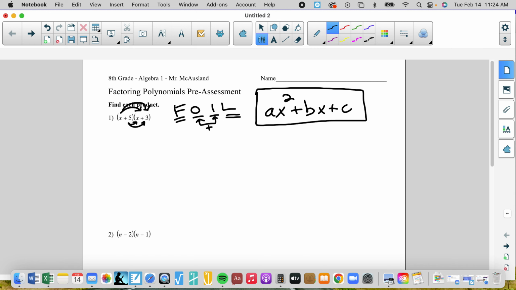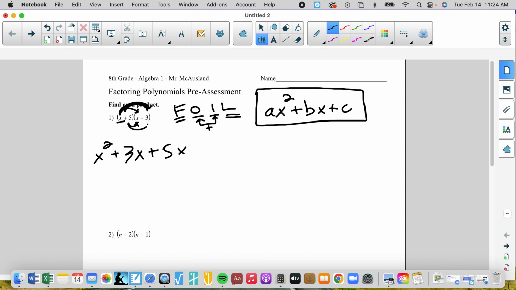So if we do x times x, first times first, that's our F, you get x squared. If you multiply your outside two terms, you get 3x. Your inside two give you 5x.